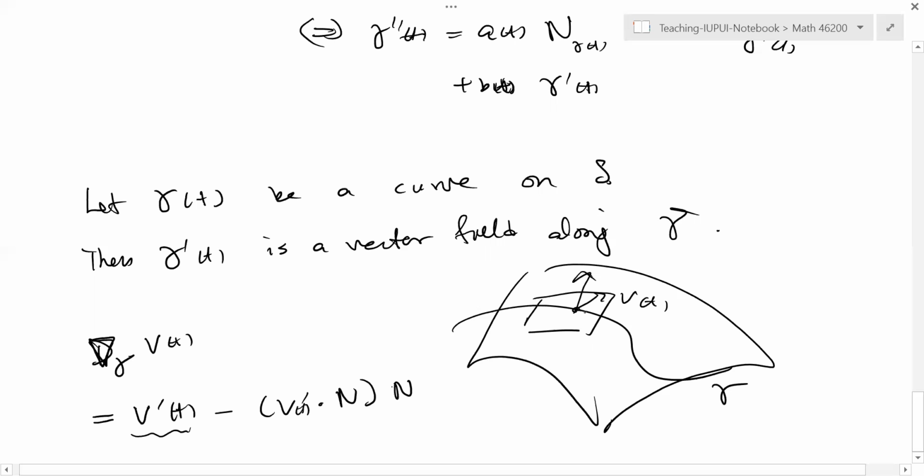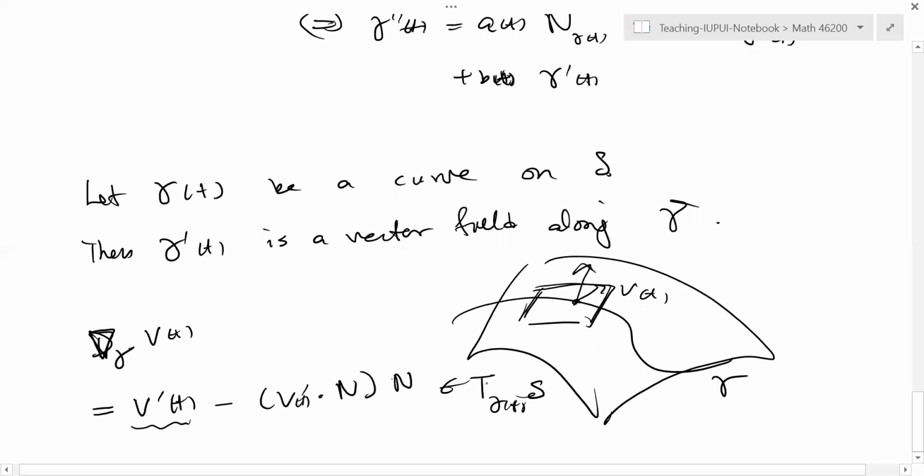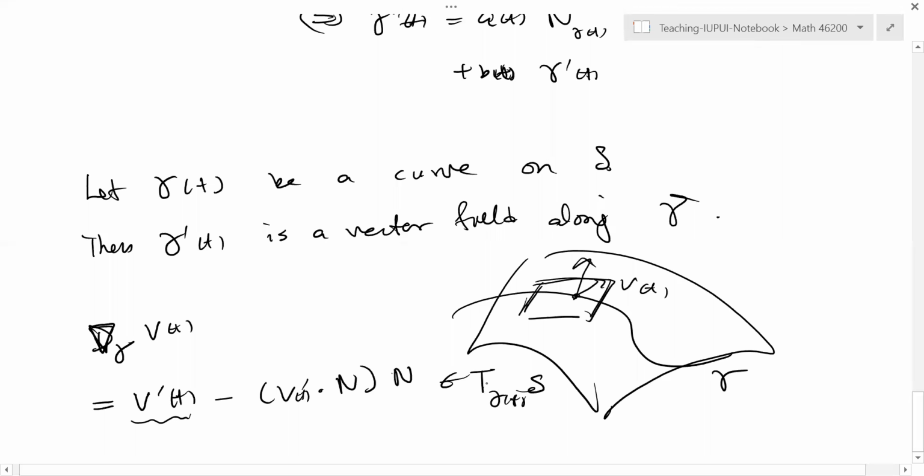So when you differentiate along the geodesic, there's a part, this is actually another tangent vector. Yeah, this is for an arbitrary vector field.